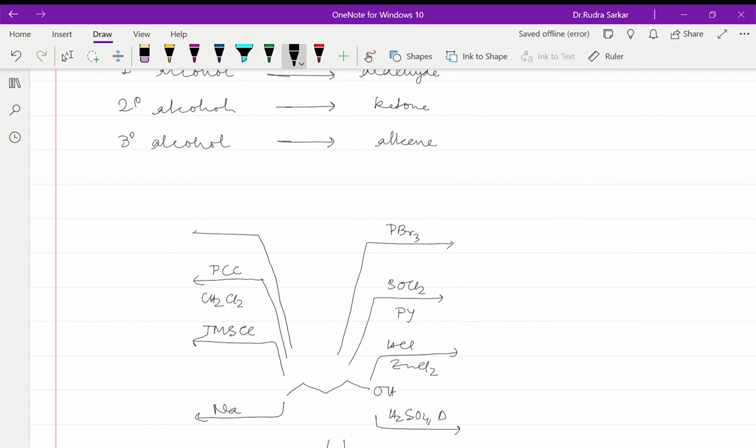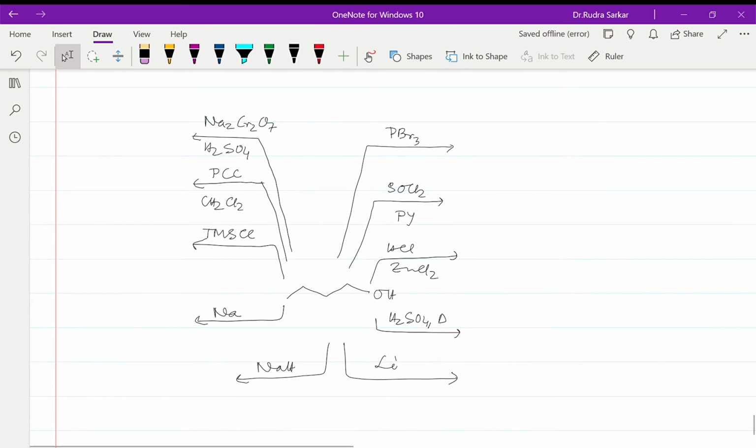If you do not want to go through the entire notes that has been given to you, just knowing which reagent does what. So if I say this is A, what will you say about the product? Just give it a try.